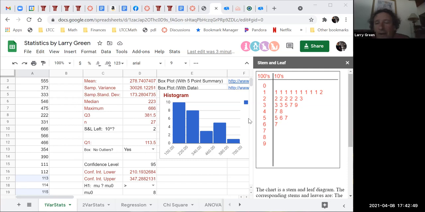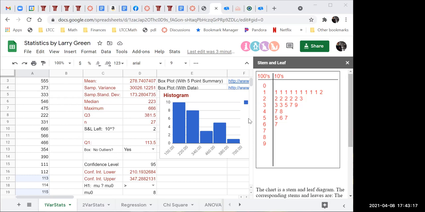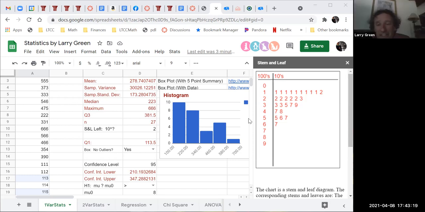How about the height of adults? Why might that be bimodal? The hint, there's a mode around 5'10", and there's a mode around 5'4". Any guess on why it's bimodal? Genetics.